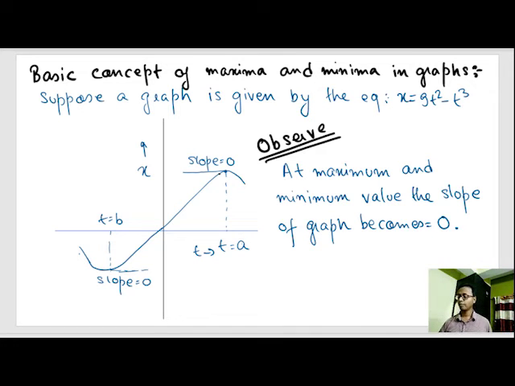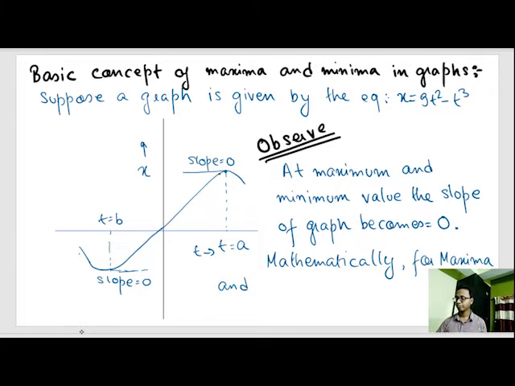Mathematically, for maxima, which is when the value of the graph becomes maximum, and for minima, the slope becomes 0, which means dx by dt is equal to 0.